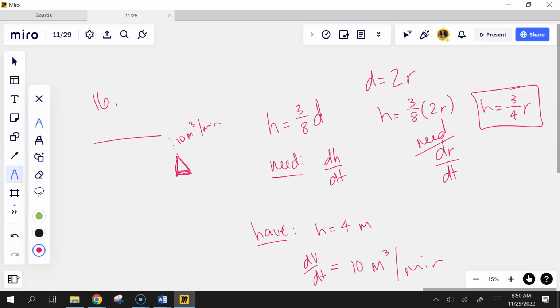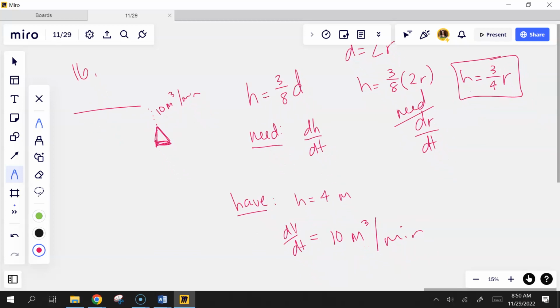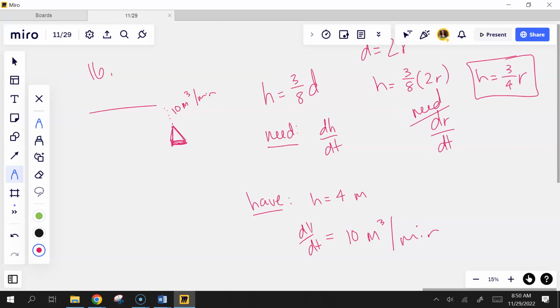Everybody okay? Now, let's look at what we need, let's look at what we got, and let's see if we can find some type of equation that's going to help us write everything together. Let's focus first on dH/dt, dV/dt.